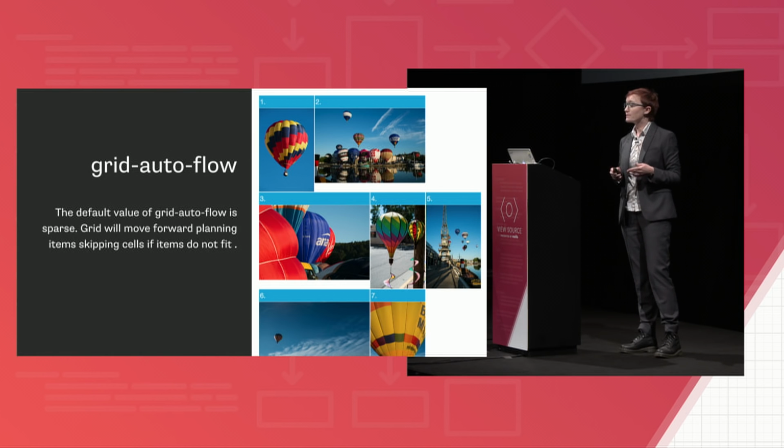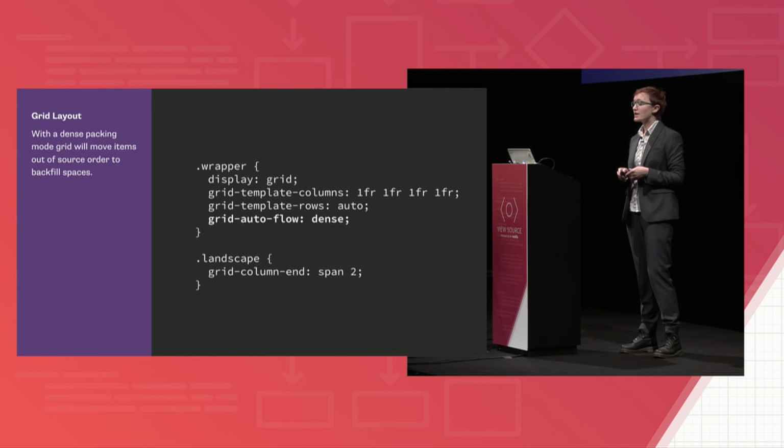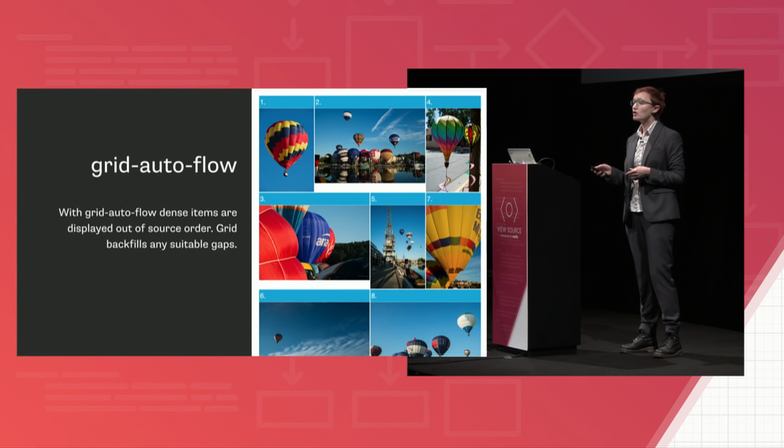So the grid auto-placement algorithm comes along, it lays out our items, and sometimes, so between our images here, 2 and 3, the items won't fit on 1 line, so Grid just leaves a gap and carries on the next line. It keeps the elements in source order. But if we add a property of grid-auto-flow with a value of dense, Grid will now backfill the gaps.